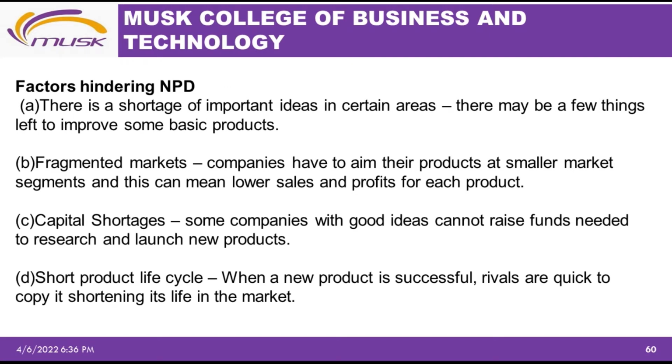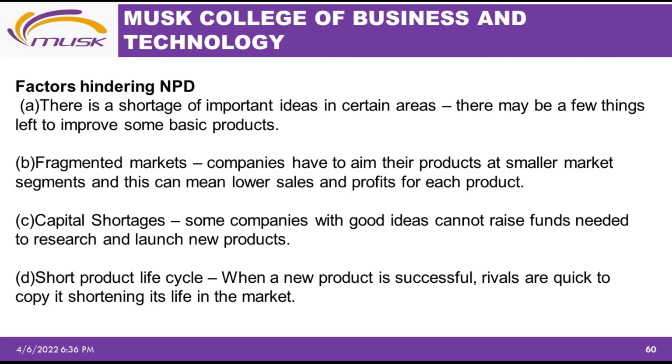And we look at the factors hindering new product development. That is what we are calling NPD, new product development. Number one, shortage of important ideas in certain areas. So we may not have the right ideas. We may want to improve a product, but we do not know how to go about it. Then number B, fragmented markets.